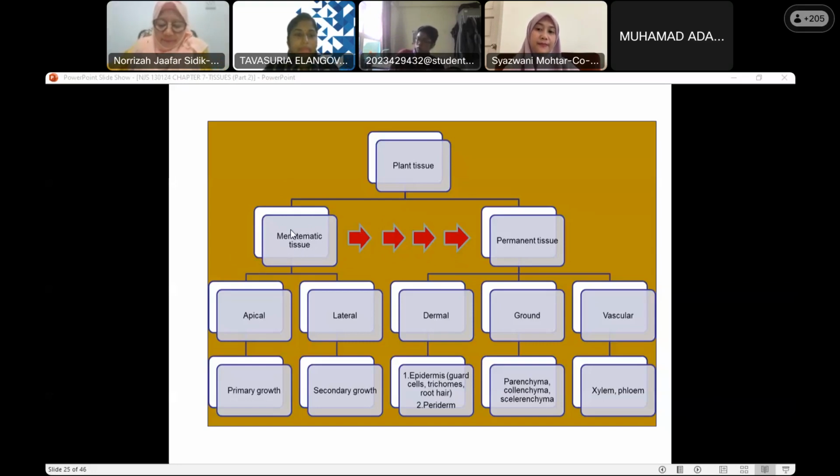There are 2 main types: the apical meristem and the lateral meristem. Apical meristem is located at the tips of the roots and shoots, responsible for primary growth. The lateral meristem is found in the cambium and is responsible for secondary growth, such as thickening of the stems and the roots.